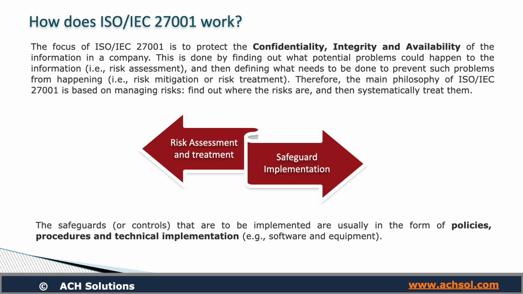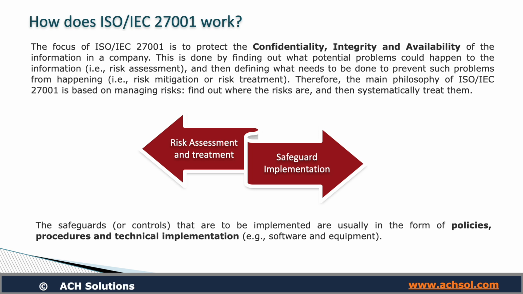Now let's understand how these things are done. As we talked about these three components of data safety, which are confidentiality, integrity, and availability, this is done by finding the potential problems. As I said, risk assessment. How the risk assessment is done, I will mention in the coming slide, of course.